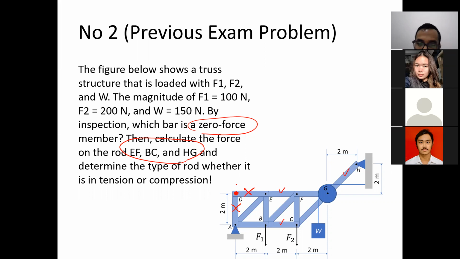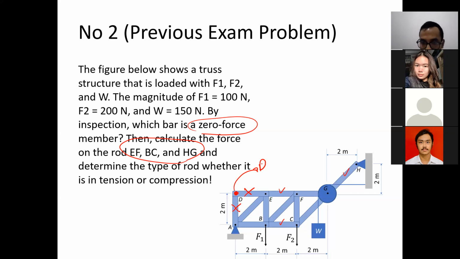As I told you, Alberto, when we have already determined that certain members are zero force members from one particular joint, in this case joint D, we determined that AD and DE are zero force members because it is impossible for both to have a force when we analyze joint D, right?